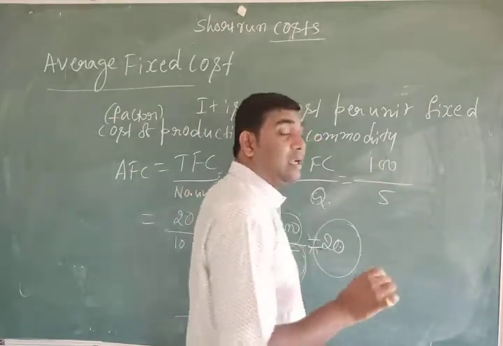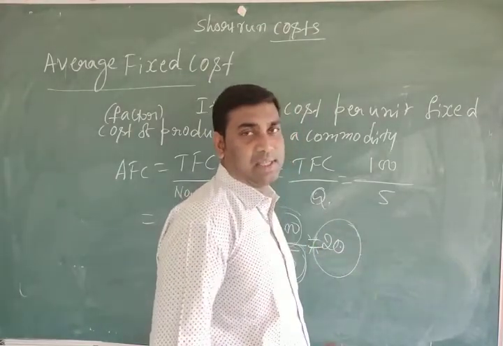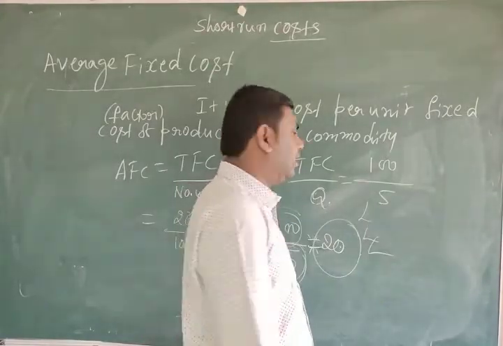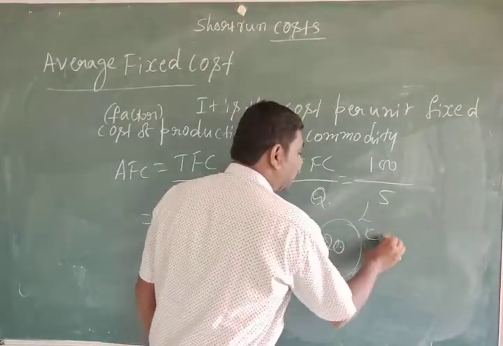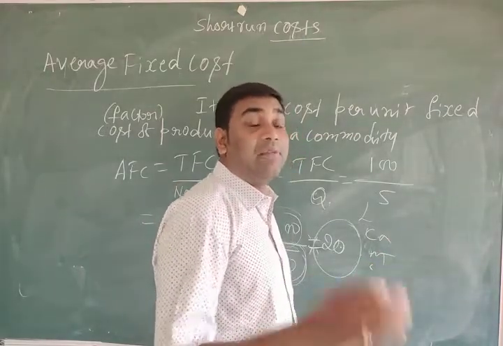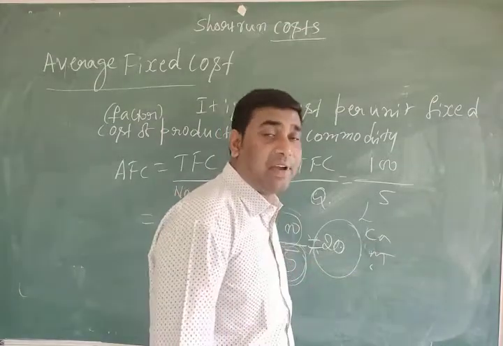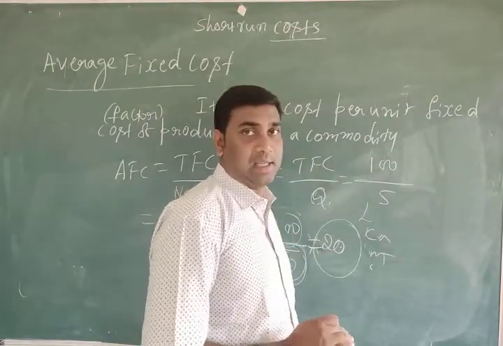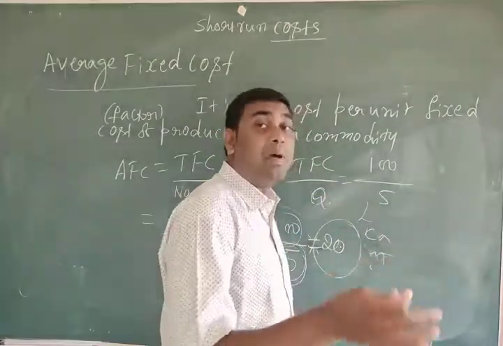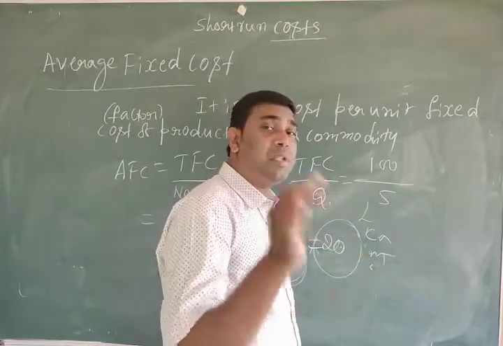Then we have to calculate how much we are expensing per unit of fixed factor. There are a number of fixed factors: land, labor, capital like machineries. So these are all called fixed factors. On each fixed factor, how much is the producer expensing?